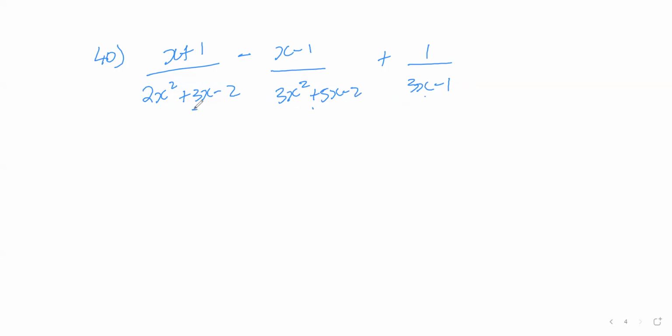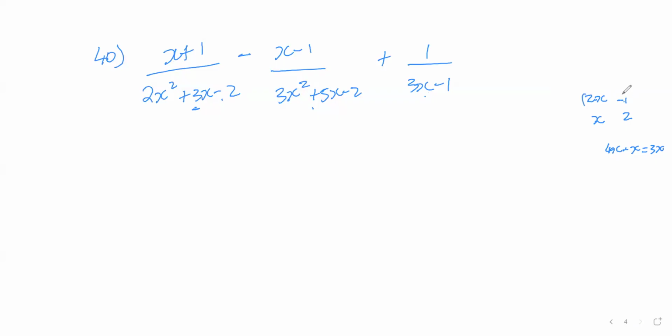For the first one, the factors of 2x² are 2x and x, while the factors of negative 2 will be negative 1 and 2. We cross multiply. 2x times 2 is 4x. x times negative 1 is negative x, which gives me 3x, exactly what I have in my middle term.